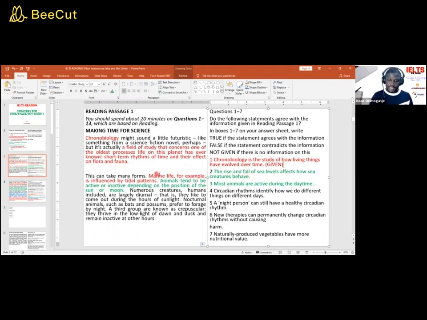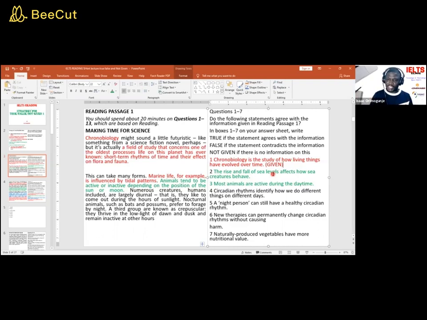This one says marine life, for example, is influenced by tidal patterns. Are they measuring the same thing? Marine life is influenced by tidal pattern. Rise and fall of sea level, that is tidal pattern. Does it replace it? Affect, for example, is influence.